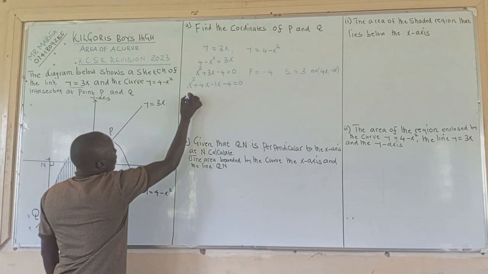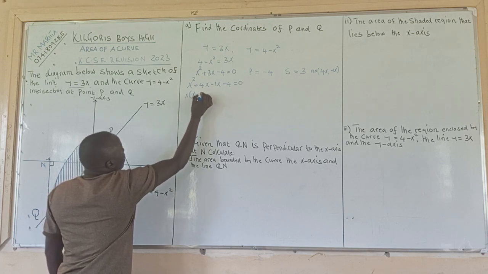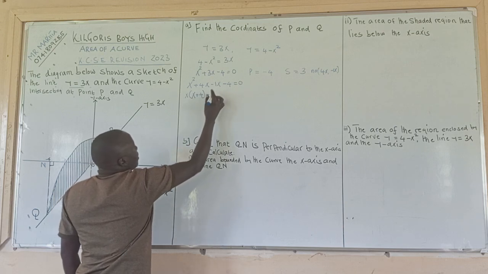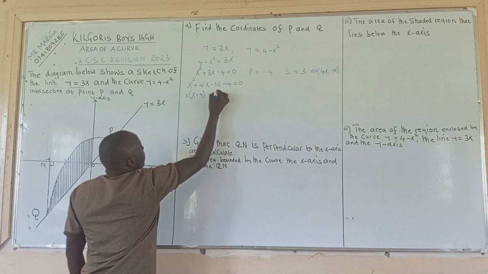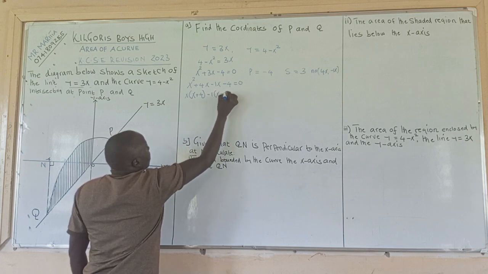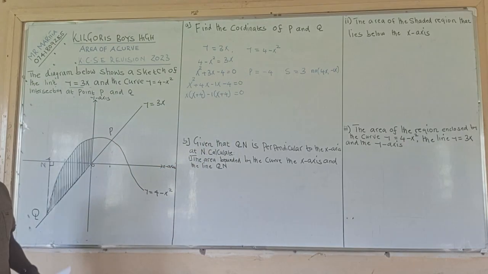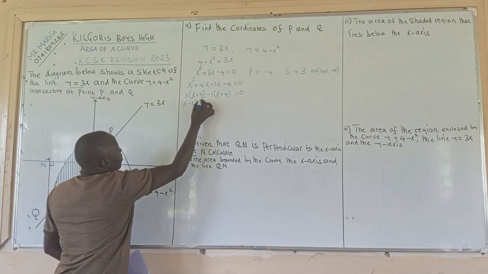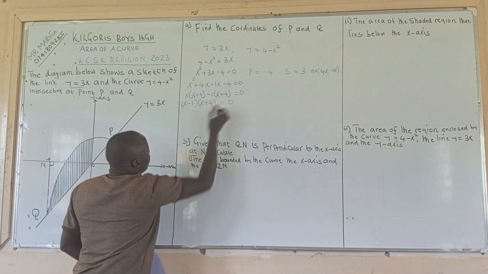We have x into x plus 4, minus 1 into x plus 4, equals 0. So we write it as x minus 1 into bracket x plus 4 equals 0.